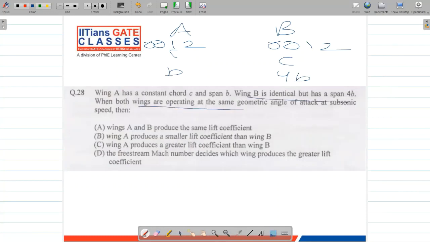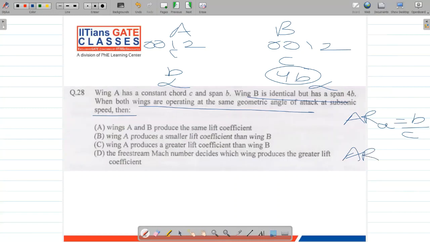Both wings are operating at the same geometric angle of attack alpha, at the same subsonic speed. What they're asking us is, will wing A and B produce the same lift coefficient? We know that this is not possible because wing B is longer than wing A. The aspect ratio of wing A is B by C, and the aspect ratio of wing B is 4B by C.